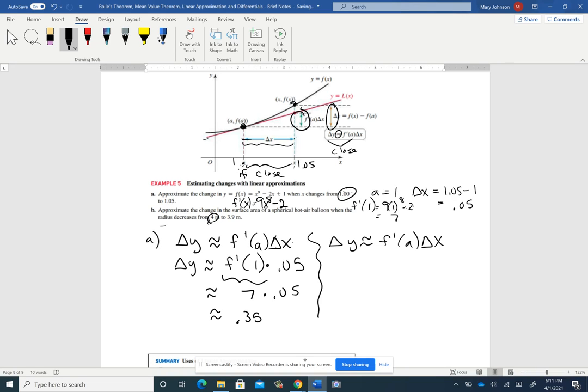So here you would let A equal 4. Then change in x would be 3.9 minus 4, which turns out to be negative 0.1. This time the radius is decreasing, so that's why the change in x is negative 0.1.